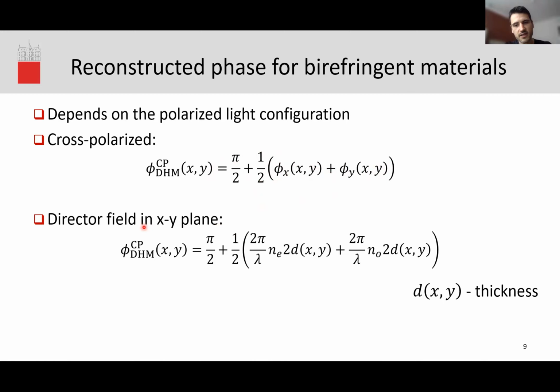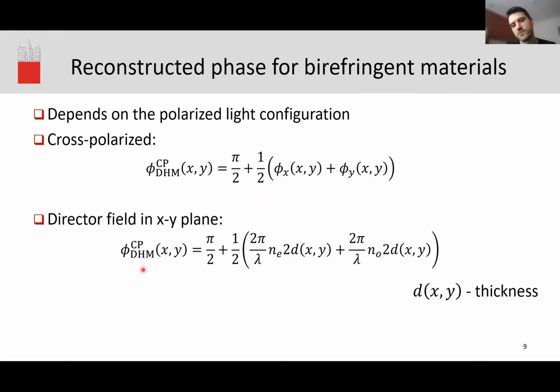And if we have a liquid crystal that has a director field in the XY plane, this equation translates to a phase that depends only on the wavelength of light, the extraordinary and ordinary refractive indices, and the thickness of the liquid crystal that we are observing.